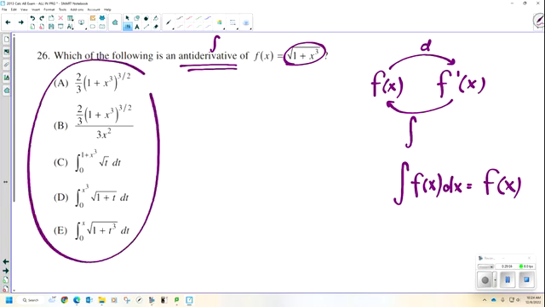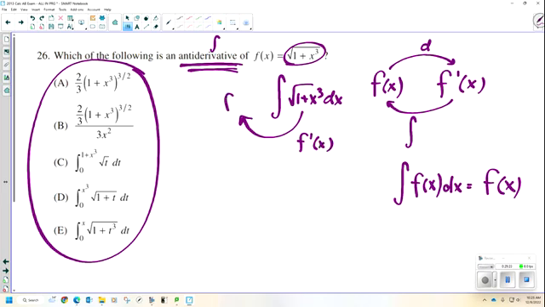So which one of these is the antiderivative? All right? That means if I take the antiderivative, the integration of this, and I'm going backward from this, that means this is the derivative of some original equation. Which one of these could be the original equation?